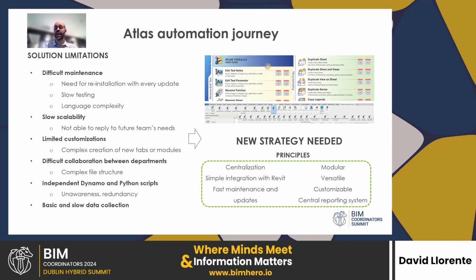So we decided that we needed a new strategy based on the following principles. We wanted something centralized that was easy to integrate with Revit and fast to maintain and update. A tool or a series of tools that were modular, versatile, and customizable, with a central reporting system, so all the data was structured in the same way.